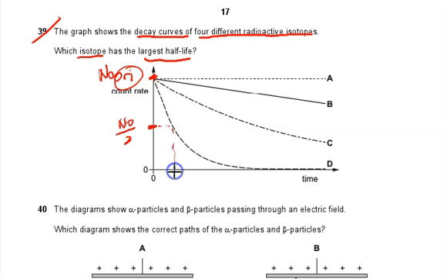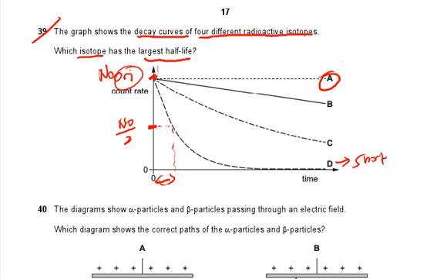So it's very short. This is a very short half-life. So if you look at it, they're asking for the largest half-life, which should be A, because it takes a long time for it to reach half.